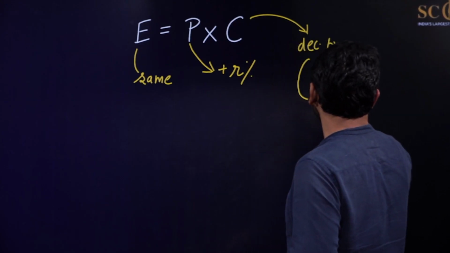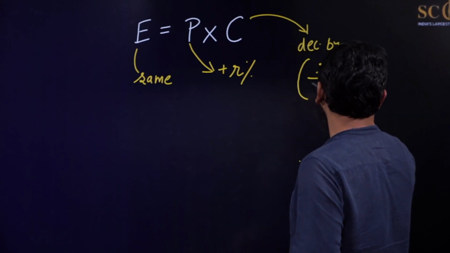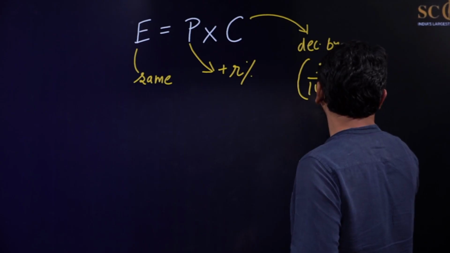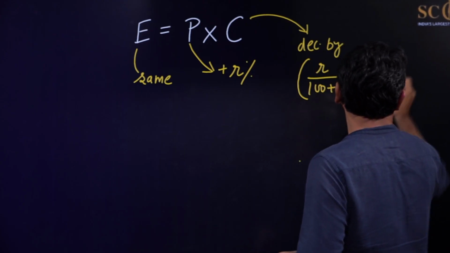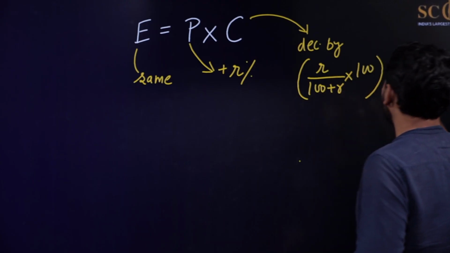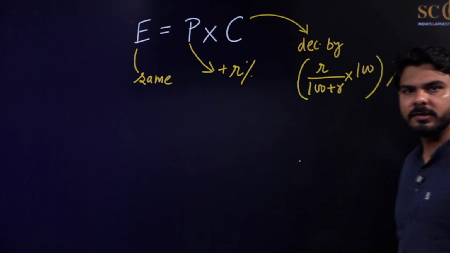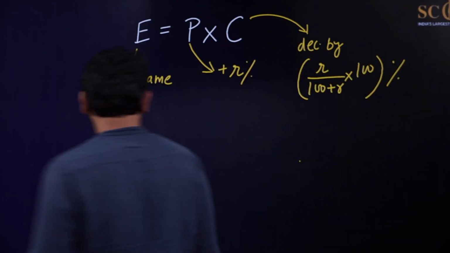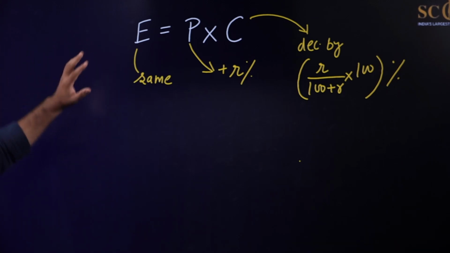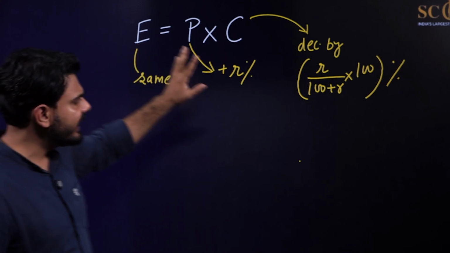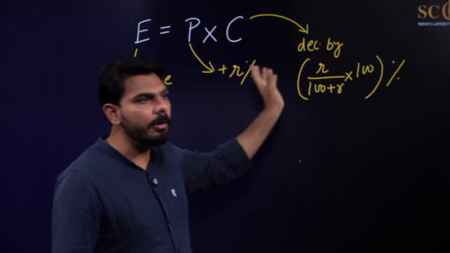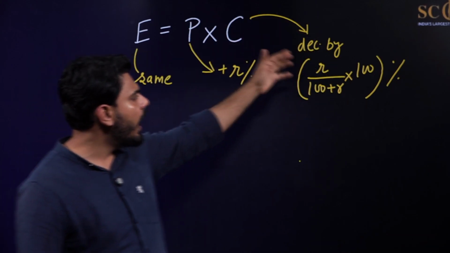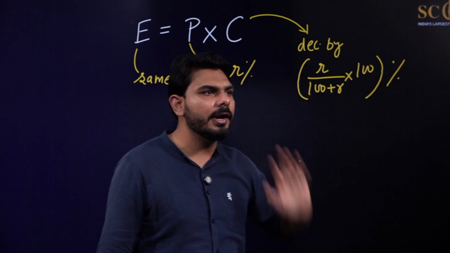It will be decreased by R upon 100 plus R into 100%. You can write it like this. This is the short trick you can see here: if the expenditure remains the same and price is increased by R%, the consumption will be reduced by R upon 100 plus R into 100%.